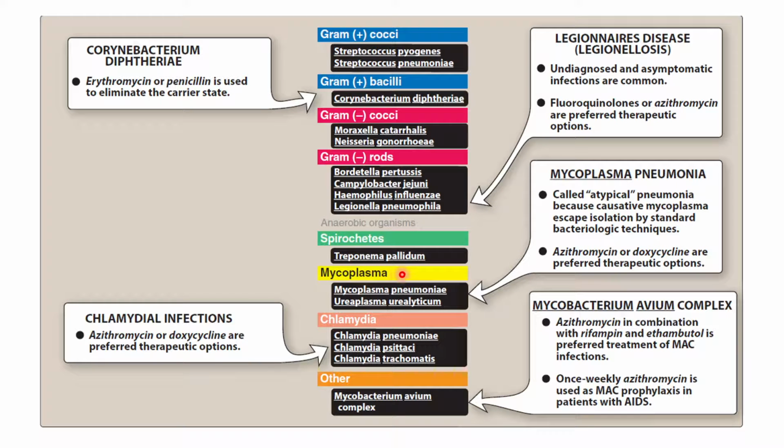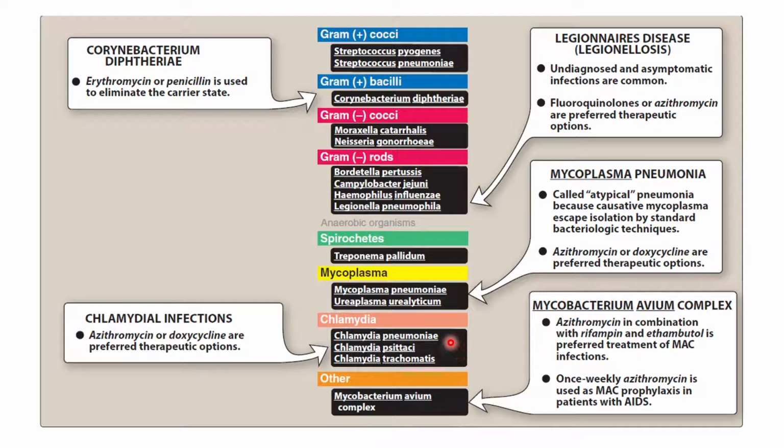Then Ureaplasma urealyticum is a disease of the bladder. It leads to dissolution of the tissues of the bladder. Chlamydia infections can also be treated with doxycycline or azithromycin. Doxycycline is a tetracycline.